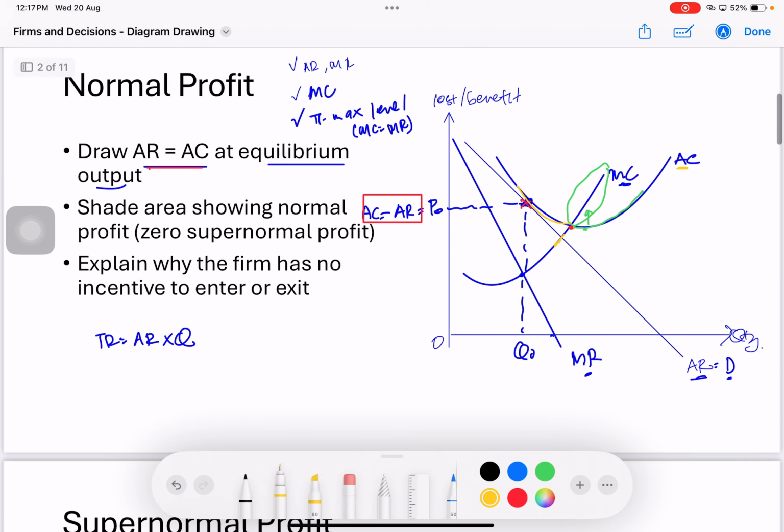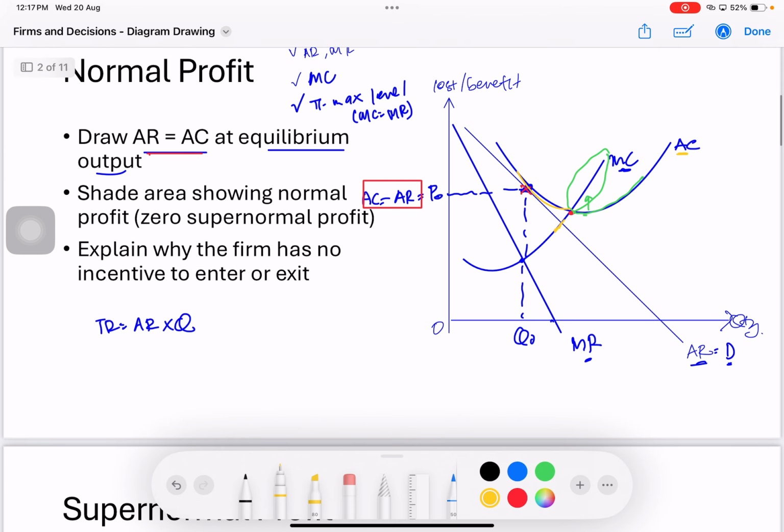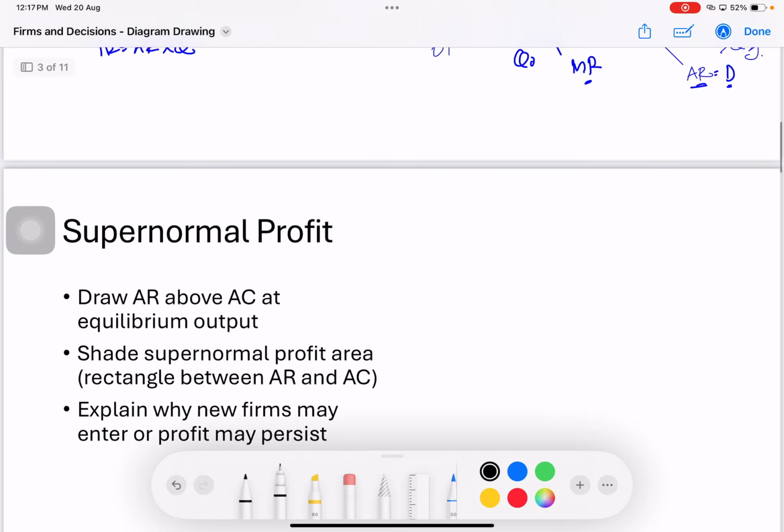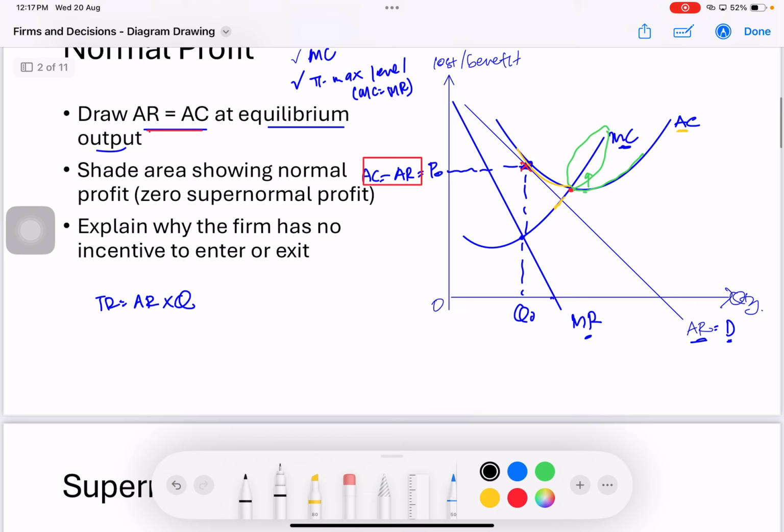Okay? So basically, you know how the normal profit is derived. If you look at the subsequent part on supernormal profit, I'm not going to go through it with you. Okay, you can draw on your own. If you can't, maybe just highlight that it means that you have supernormal profit.